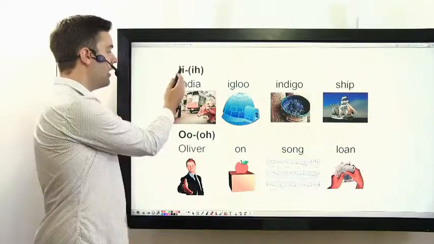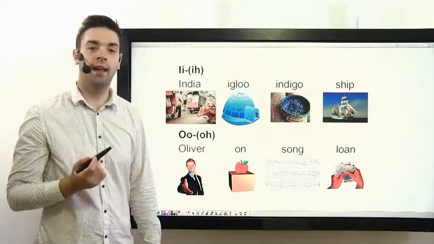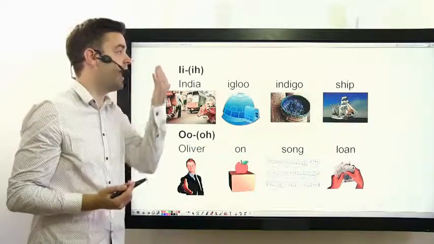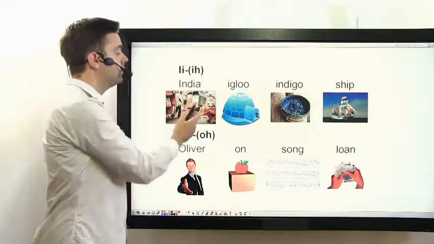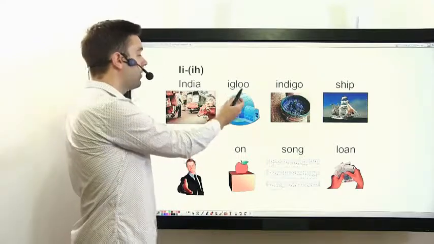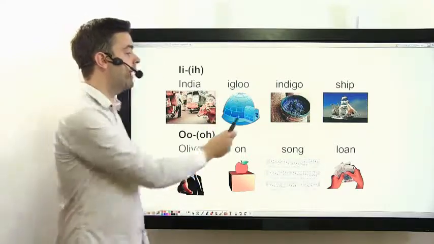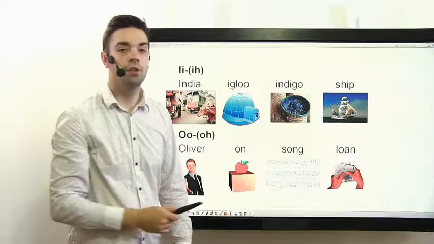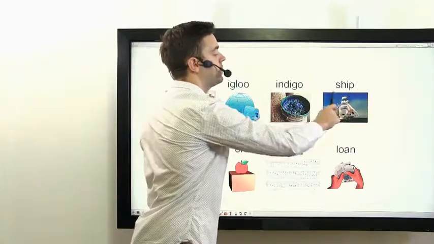Next we've got I, which sounds like I. So it goes up, I. India, igloo, indigo, ship.